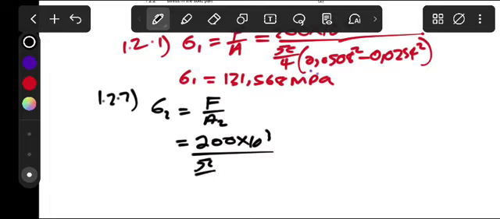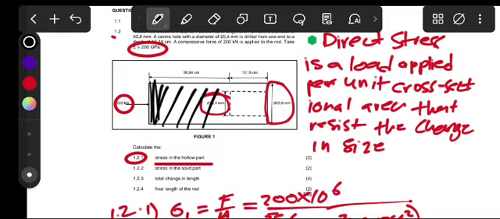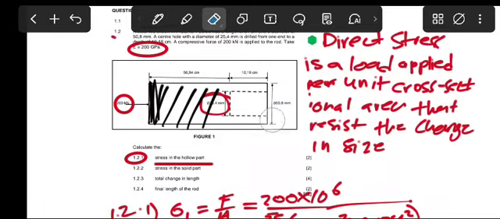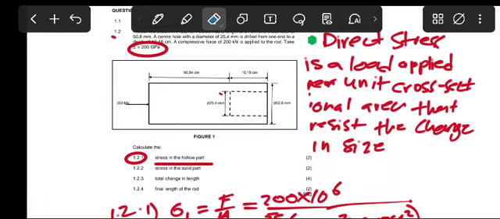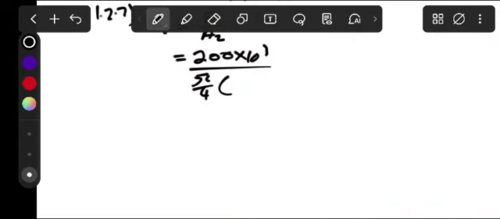It's pi over 4. But now remember, this solid part is this. We'll focus on the whole diameter, which is 0.0508 squared.